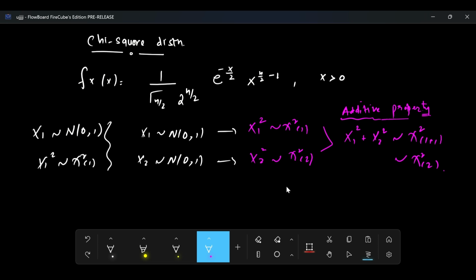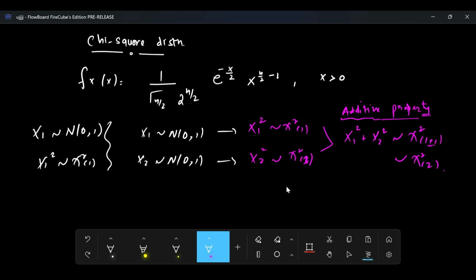हमें ये देखना है, additive property हम बाद में देखेंगे. Let's see what this is. x1 square follows chi-square 1, x2 square follows chi-square 1, and both are following the chi-square with 1 degree of freedom, then the degrees of freedom of x1 square plus x2 square will add up.